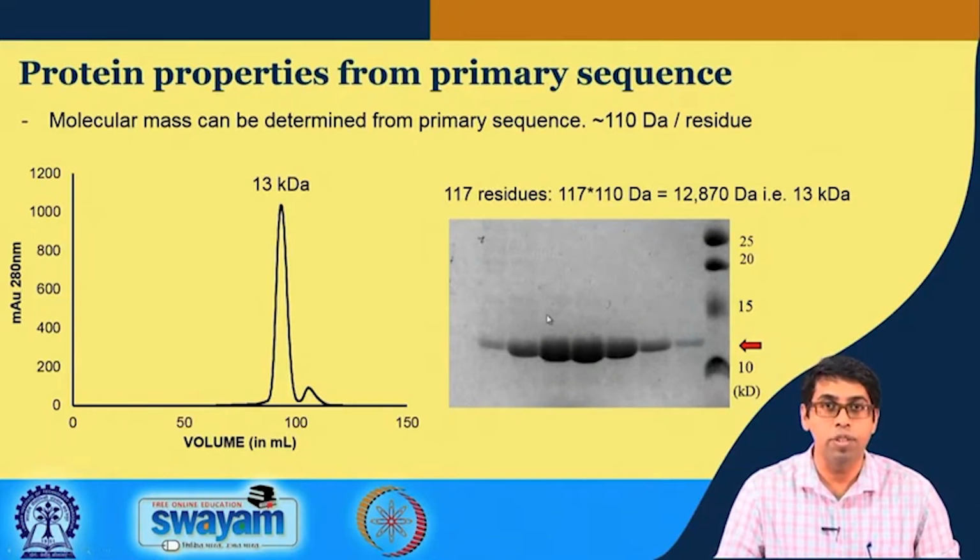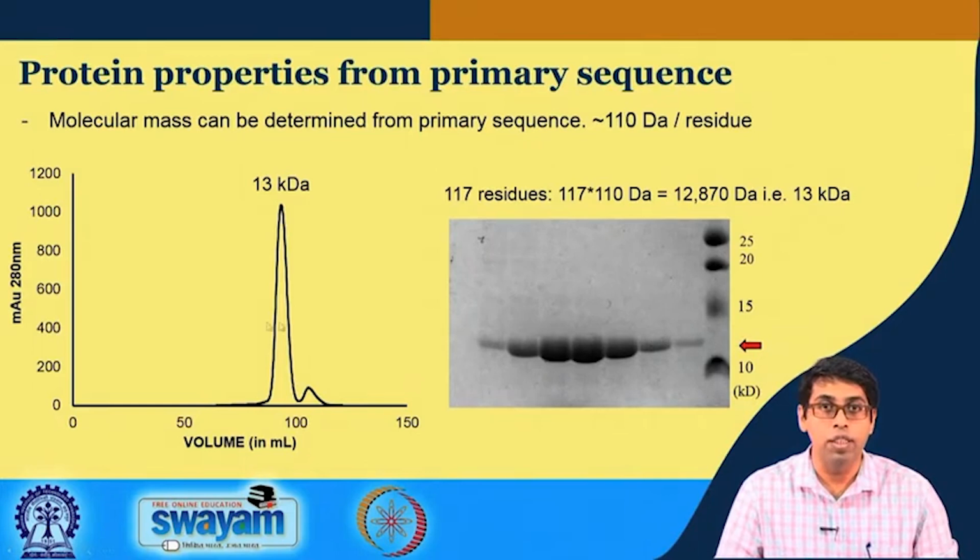Similarly, in SDS-PAGE gel electrophoresis, the fractions collected from this peak were run on this gel, and you can see that it is a highly pure protein. There are no bands up or down, and these bands correspond to a range between 10 kilodalton and 15 kilodalton. These are the molecular weight markers, the standard known masses of proteins, and 13 kilodalton will be somewhere here.